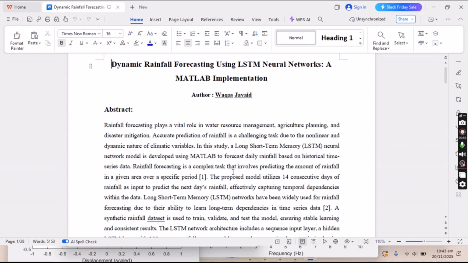Basically, this system predicts the rainfall in different areas according to the prediction of environmental changes in that specific area.